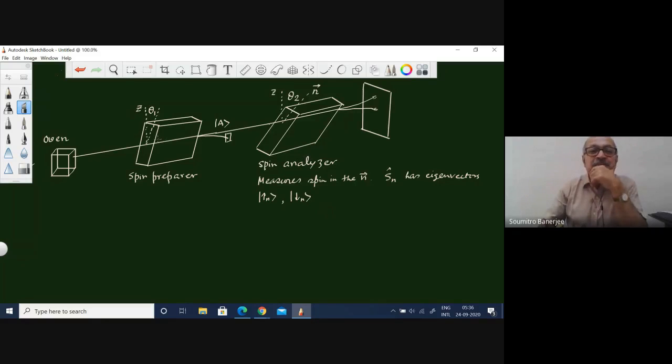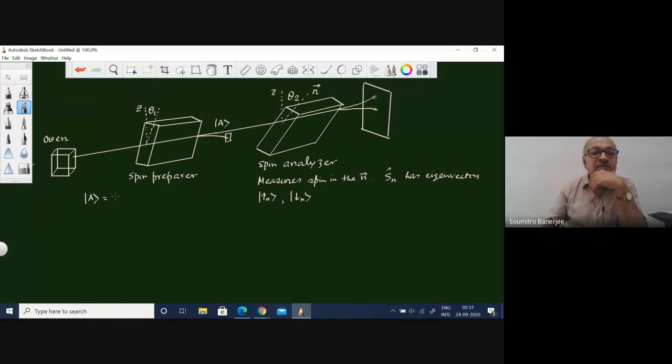And it has been prepared in the state A. So effectively what we have to do, we have to figure out the projection of this state onto these states, which will give me the probabilities of finding up or down, right? So let us express A as a linear combination of up n and down n.